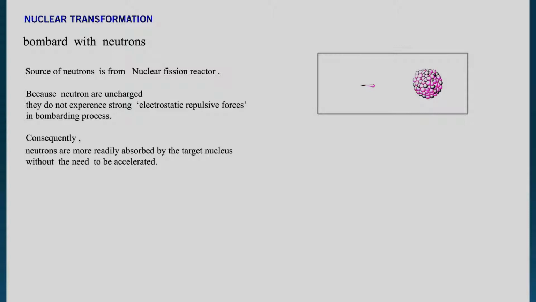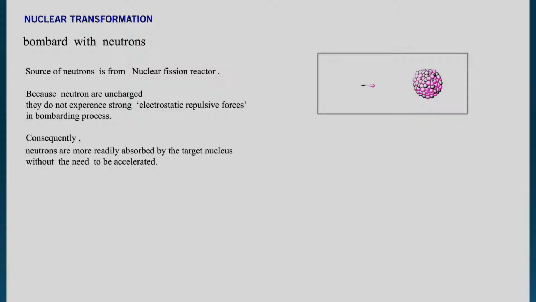If neutron has no charge, then this particle that you're shooting would not be repelled by the nucleus. So in that case, it saves you from making an expensive accelerator to increase the speed. You don't need to.